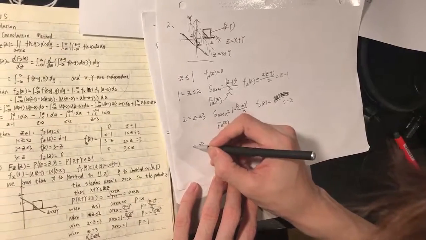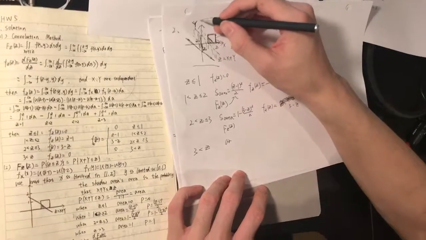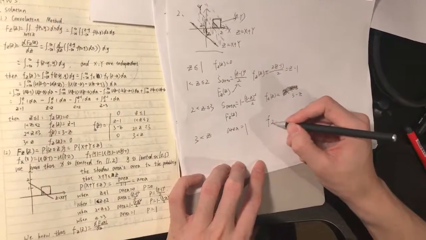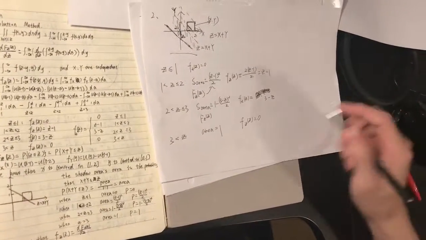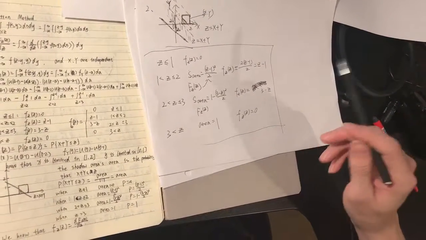And when z is bigger than 3, the overlapped area is 1, so fz(z) is equal to 0. So this is the geometric method to get the density function of z.